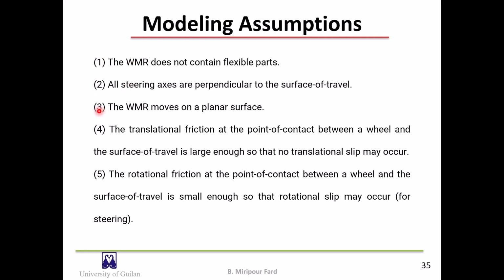Assumption number 3, the wheeled mobile robot moves on a planar surface. This assumption neglects irregularities in the actual surface on which a wheeled mobile robot travels. Assumption number 4, the translational friction at the point of contact between a wheel and the surface of travel is large enough so that no translational slip may occur.